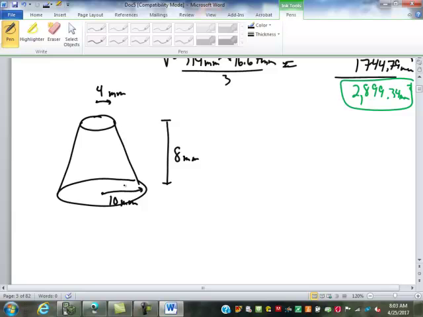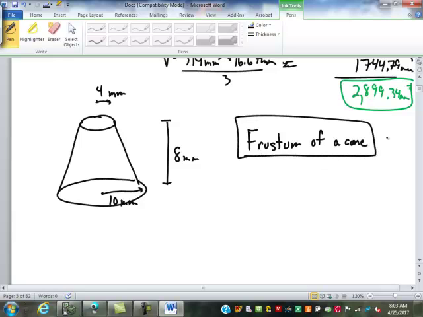This problem is word for word the second problem on your worksheet. So I'm going to see if you guys can repeat that process I did for finding the volume of, again, the proper term, if you ever want to look it up, there are formulas out there you can look up online. It's the frustum of a cone. Frustum, like I said, just means a cone with the tip cut off of it.